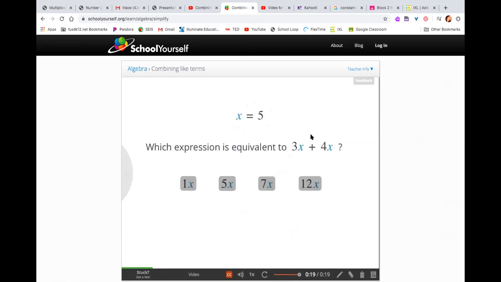Okay, so taking what we saw from the other video, what can I do to find out which answer this would be? In this example, x is equal to 5, but x could be any number, right? So what do I need to do to the coefficients, 3 and plus 4?